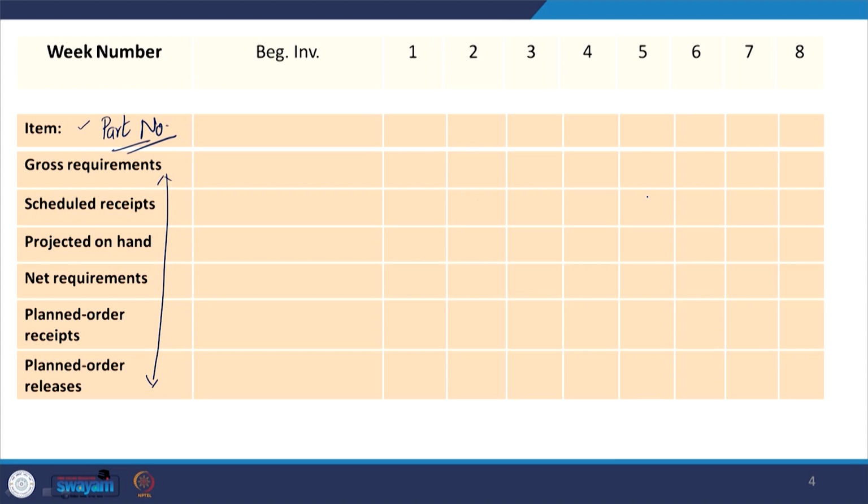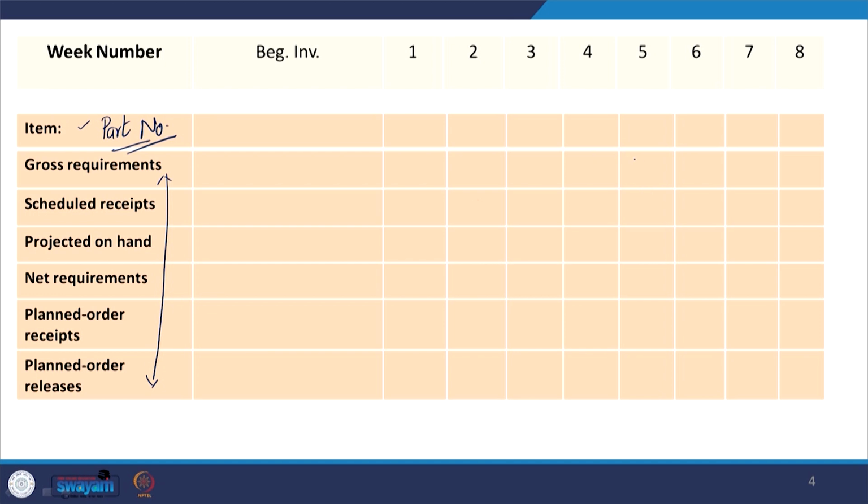So, gross requirement minus projected on hand will give you net requirement. Then based on net requirement you will give planned order release and planned order receipts. For an example, I will just give you some data so that you can understand how we are going to have it.